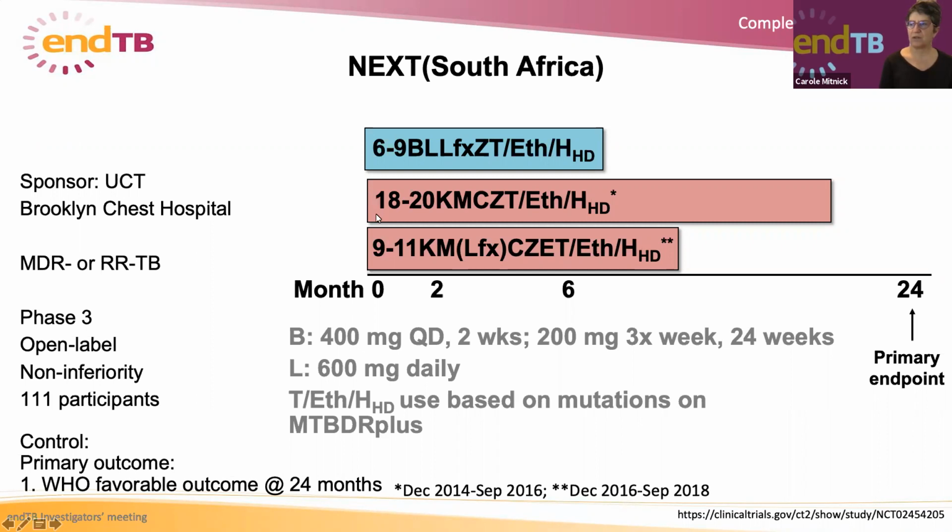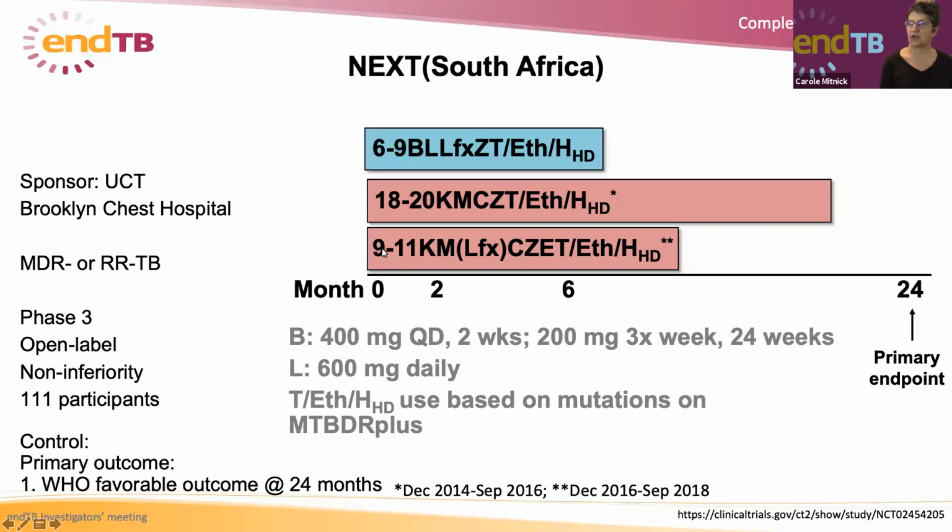Note that this is a changing standard of care. They were not randomized to one or the other of these standards of care. Rather, they were used sequentially in South Africa, with the 18-month regimen having been used between December of 2014 and September of 2016.